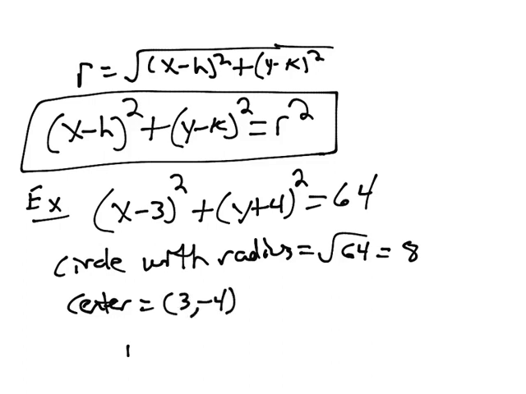Up here, the y plus 4, we can think of it as y minus a negative 4 quantity squared. We always have to think of it, in the formula, it's y minus k.